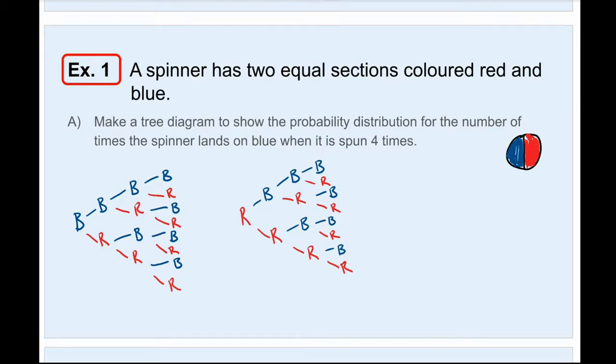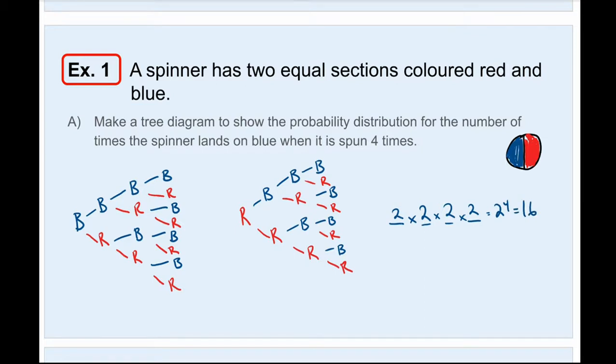We wanted to do this because we want to look at all the different probabilities for the number of times it lands on blue. If we want to double check, we could think: I have 2 outcomes the first time, multiplied by 2 the second, multiplied by 2 the third, multiplied by 2 on the 4th spin, or 2 to the power of 4, which equals 16.